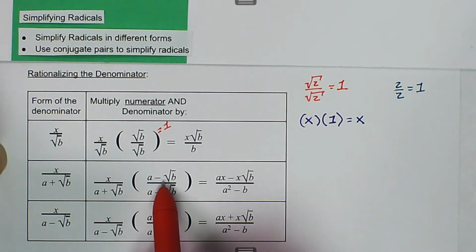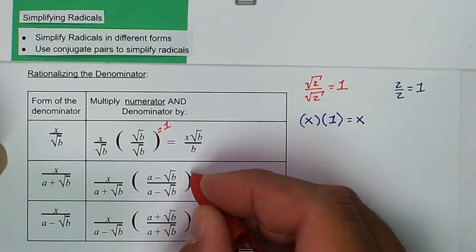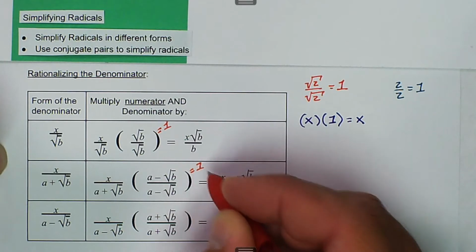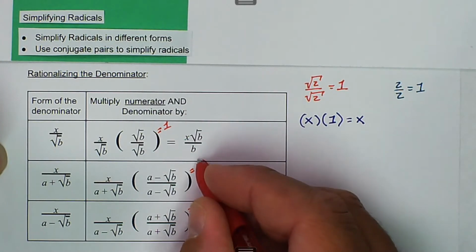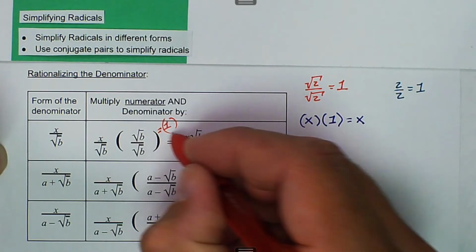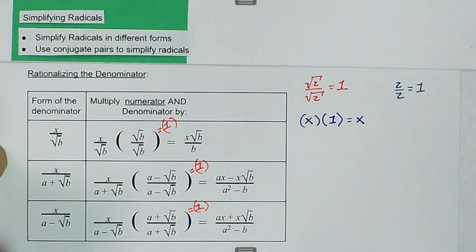Here we're multiplying by a minus the square root of b divided by a minus the square root of b. Because the numerator and the denominator are exactly the same, this is like saying multiplying by 1. So although the look changes, it's still the same value.